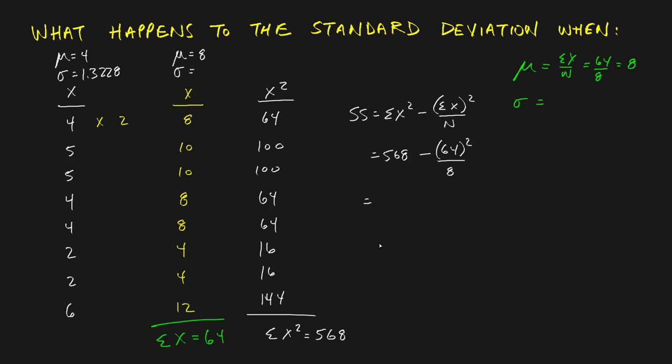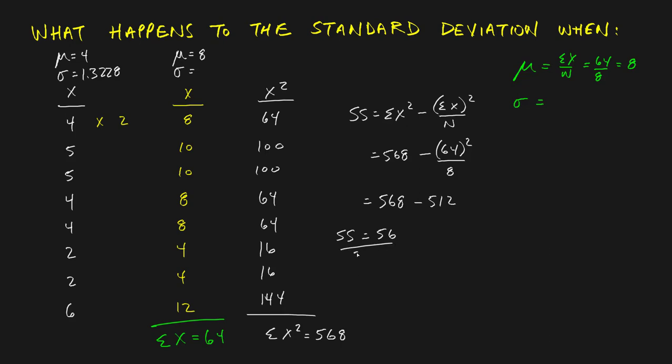And so what does this give me? Okay, so 64 squared divided by 8 is 512. So I've got 568 minus 512. This gives me 56. So my sum of squares is 56.